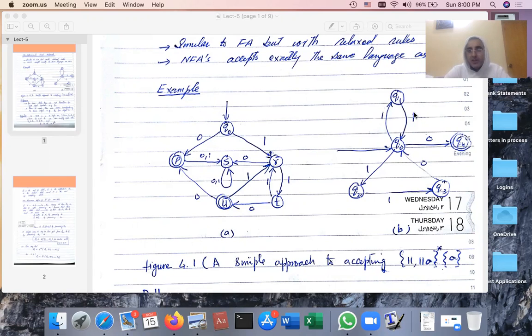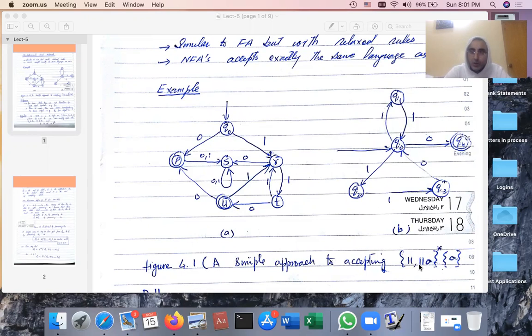And on the right hand side, we have an example of an NFA. This is the start state Q0, and you should first focus on the minimum string 1 1 and then 0 at the end. So 1 and then 1 and then 0, and we will reach Q4, which is the acceptance state. So 1 1 0 is accepted here.